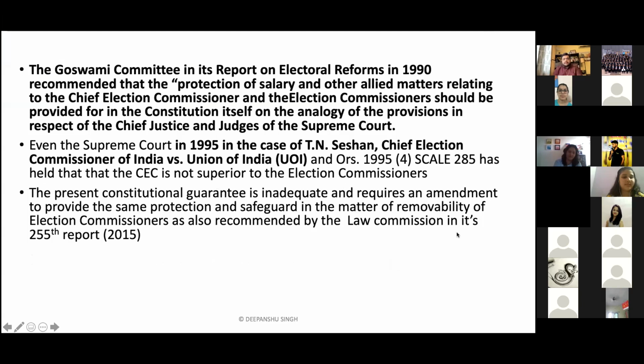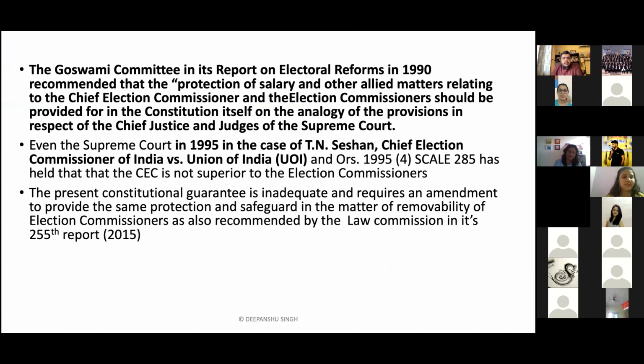Regarding this, there was a very famous committee, the Goswami Committee. It had reported in its 1990 Electoral Reforms report that the protection of salary and other allied matters relating to the Chief Election Commissioner and the election commissioners should be provided for in the Constitution itself, on the analogy of the provision in respect of the Chief Justice and the judges of the Supreme Court.